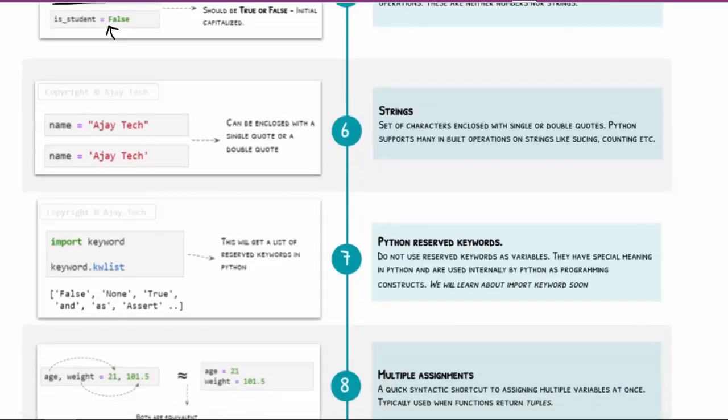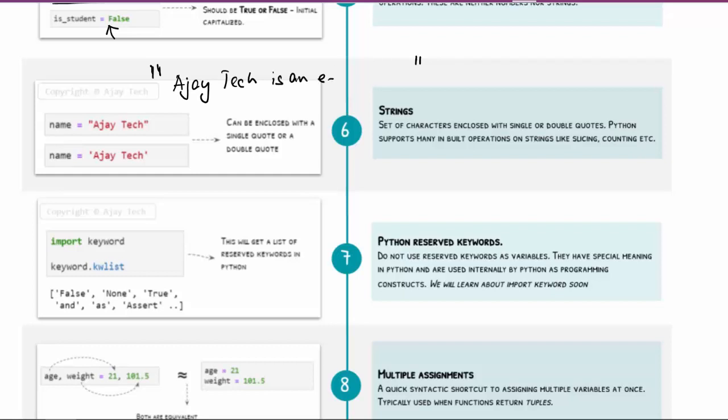All right, next thing is strings. What are strings? Well, we have seen examples of strings, right? A string is enclosed either in double quotes or single quotes, and then within that you can say anything you want. So Ajay Tech is an e-learning company, right? So this is an example of a string.